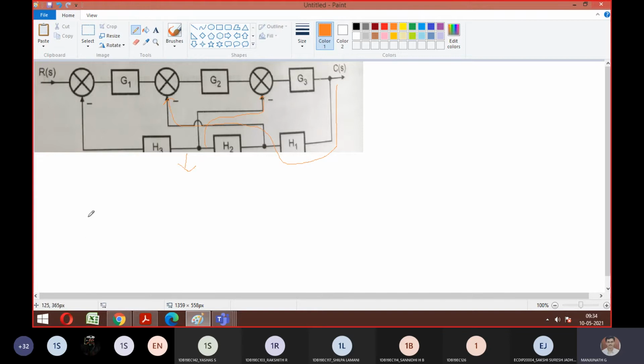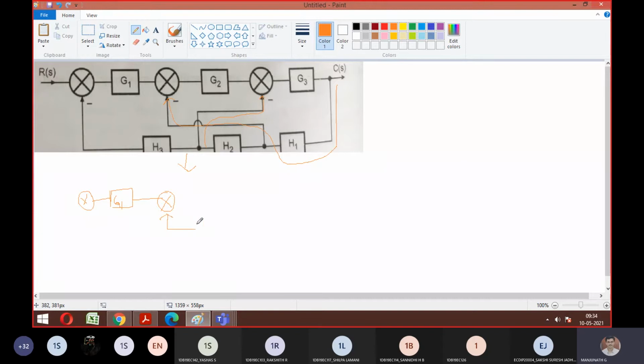So this much part let me keep as it is. The summing point is there, then your G1 is there. We are not going to do anything here. The first summing point should involve what now? This summing point consists of what?